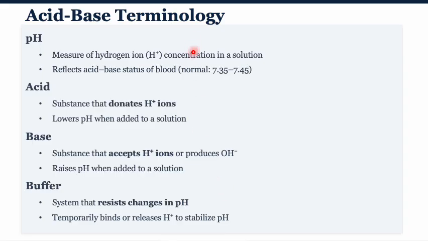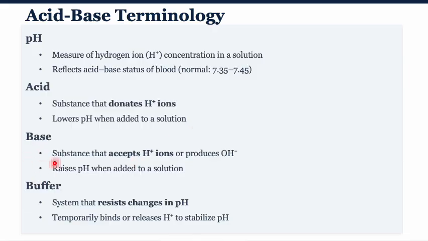So first, let's go over some terminology. pH is the measure of hydrogen ion concentration in a solution. It usually reflects the acid-base status of the blood, with a normal pH being 7.35 to 7.45. An acid is a substance that donates a hydrogen ion. It will lower the pH when added to a solution.